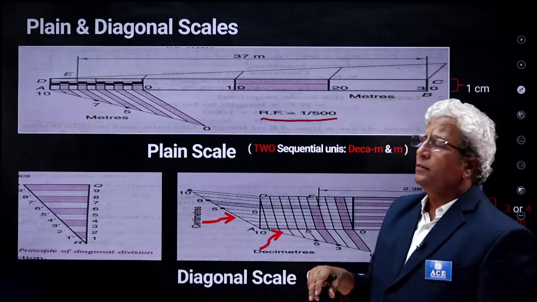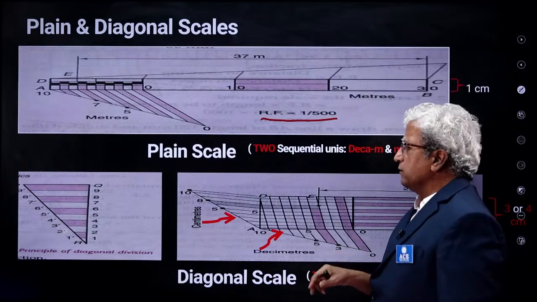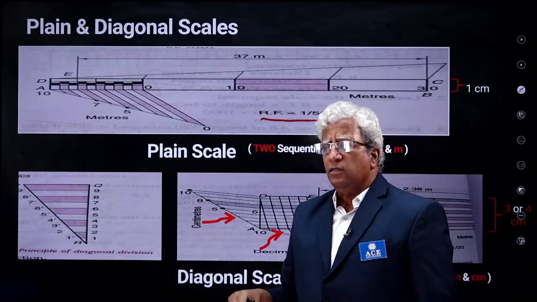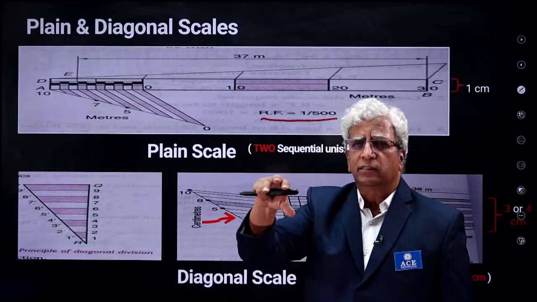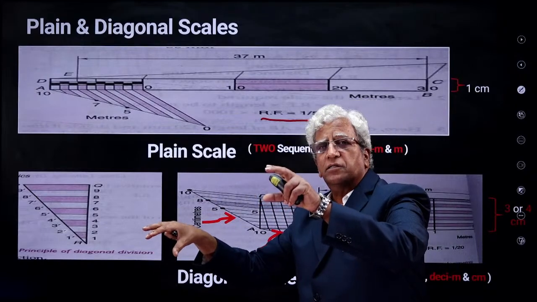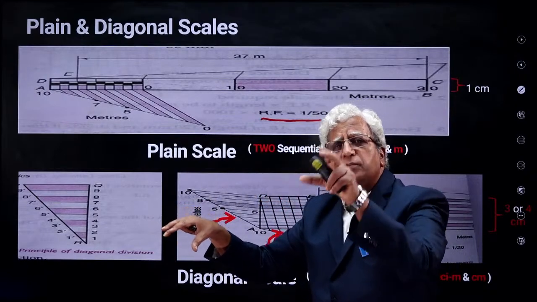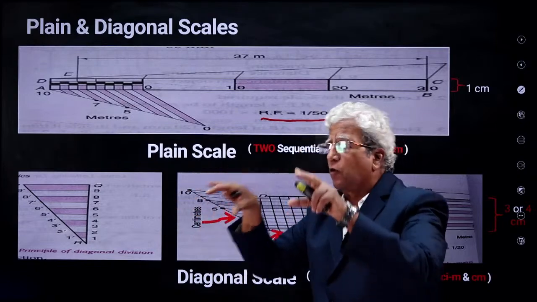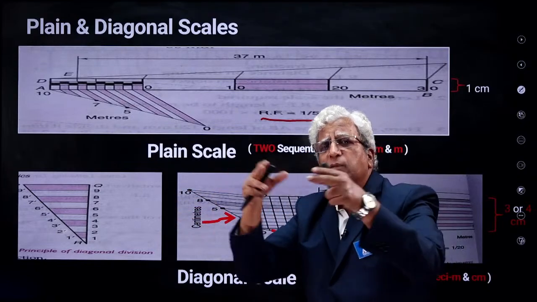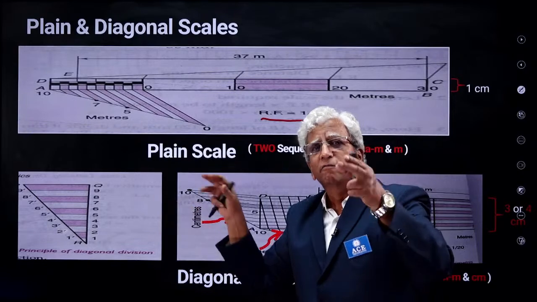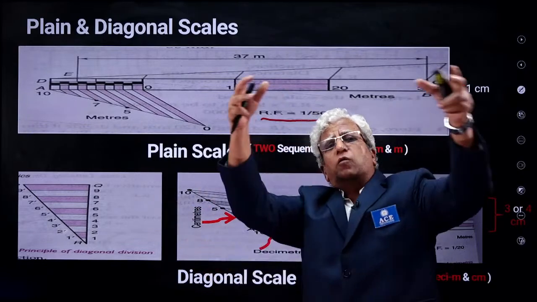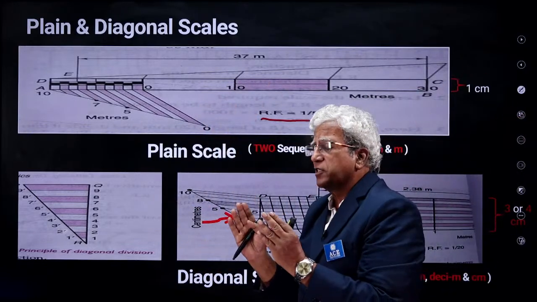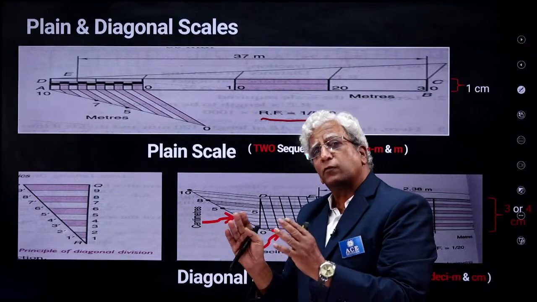When you want to draw the sketch of an object on a drawing sheet, if the object size is compatible with the drawing sheet, you can draw to the actual measurements. Whereas, if the object is so big, whereas our drawing sheet is limited, then what we have to do?